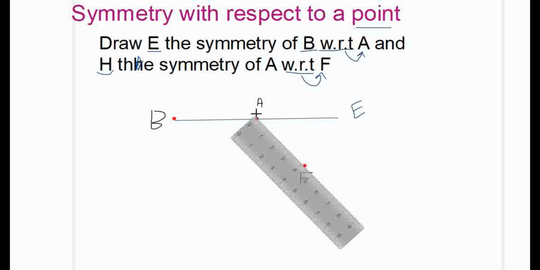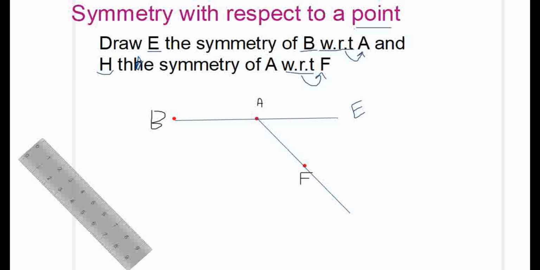From A to F we have about 4.2 centimeters, so we are going to draw also 4.2 centimeters to the other side of F. You can move the ruler and draw 4.2, making sure it is a straight line. We draw till we reach 4.2, and this is the final result. This point here, we will call it H.